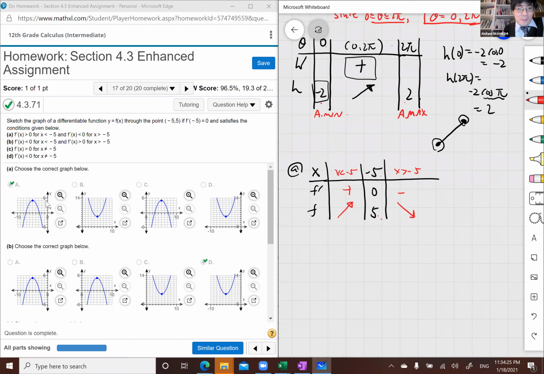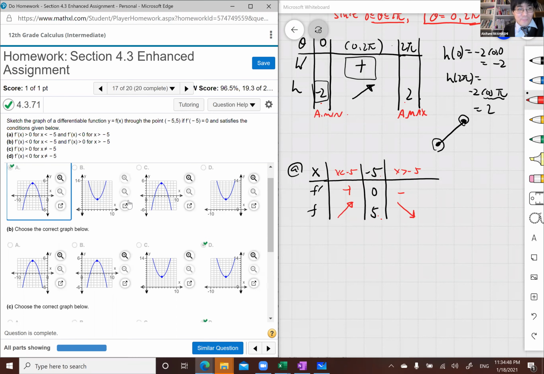Looking at the choices, I need to find the graph that goes through -5, 5. C doesn't show anything about -5, 5. B doesn't show it either. Parts A and D show -5, 5. And which one shows increasing then decreasing? A is the only choice. D is not. Okay, so A is the right choice.